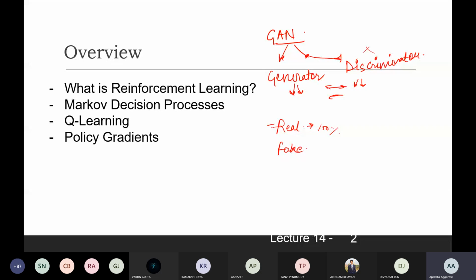Now, today we are going to study reinforcement learning. In reinforcement learning, we are also going to look at Markov learning.